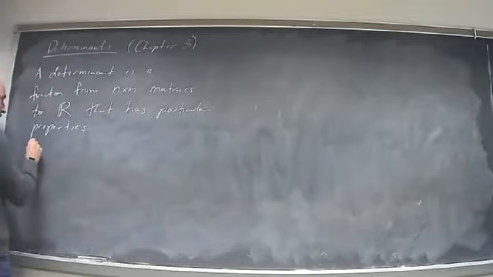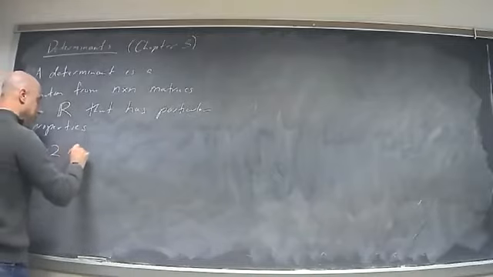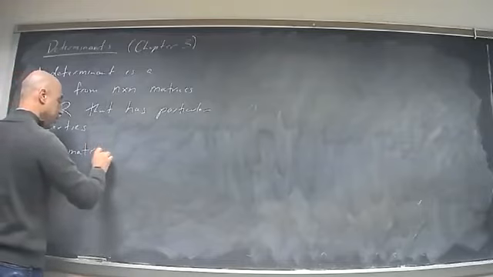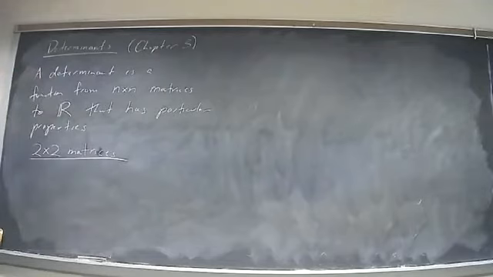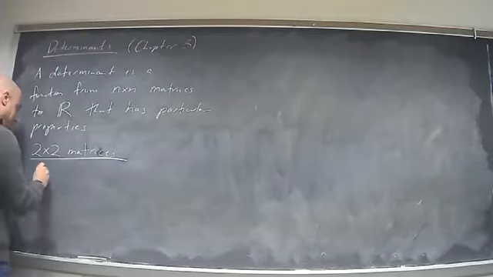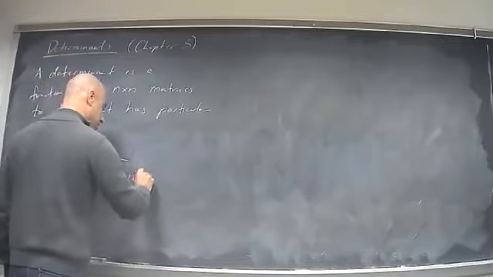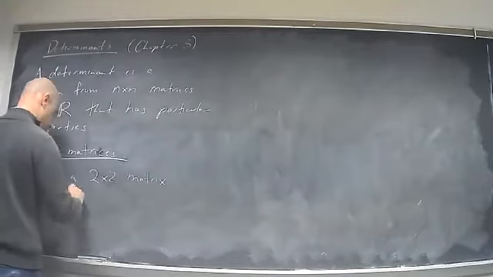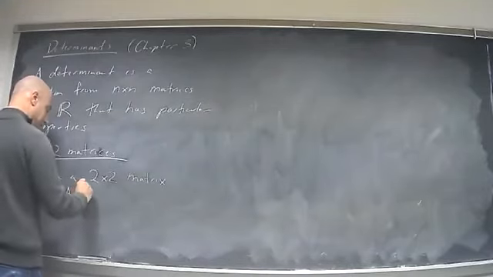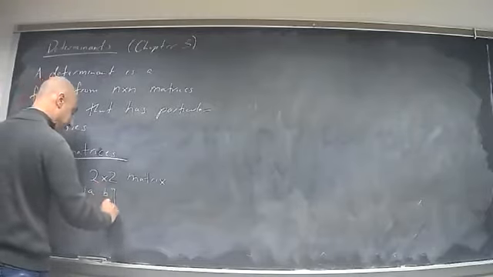So let's start off with 2 by 2 matrices. It's very easy to compute the determinant of a 2 by 2 matrix. So given a 2 by 2 matrix A, which we'll write its entries as a, b, c, d, like that.